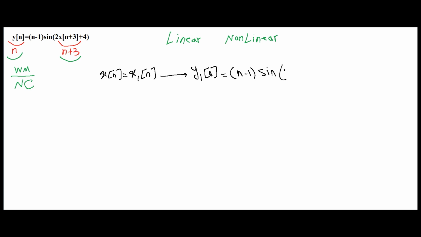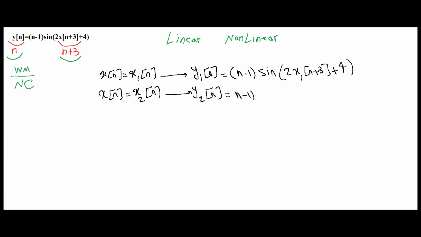This becomes (n minus 1) multiplied by sine of 2x1[n plus 3] plus 4. Next, we replace x[n] with another input, say x2[n], and we call the output y2[n]. This becomes (n minus 1) multiplied by sine of 2x2[n plus 3] plus 4.